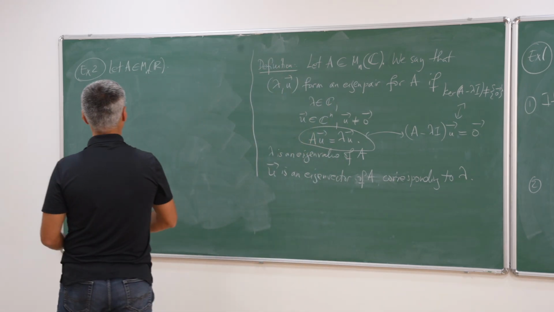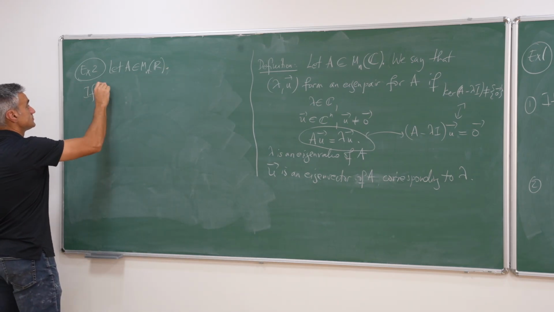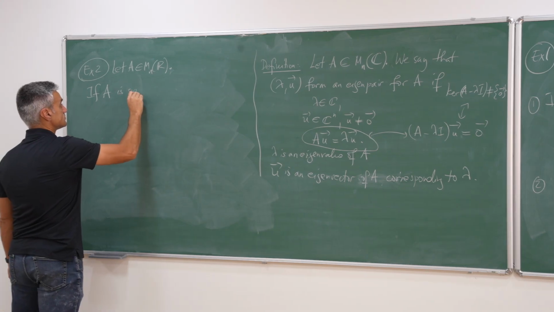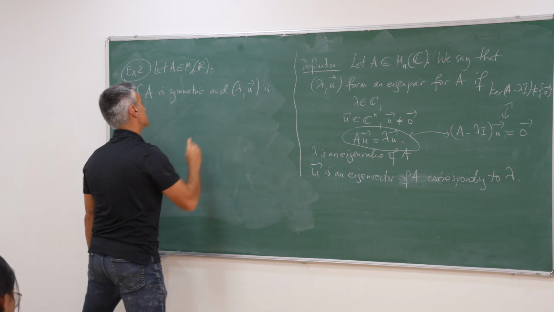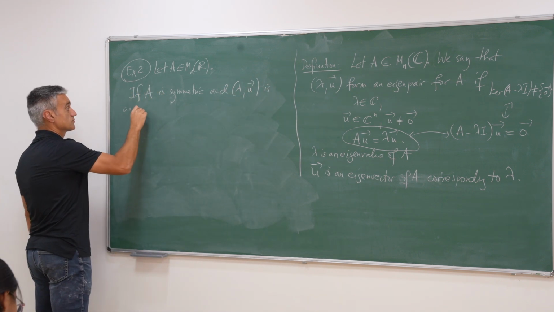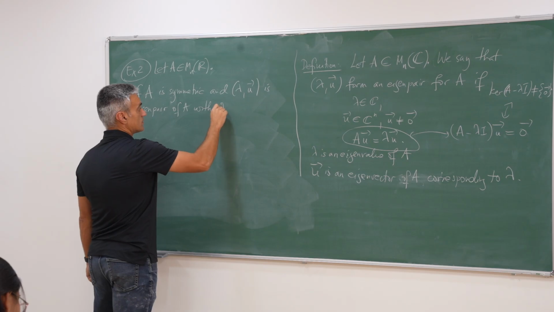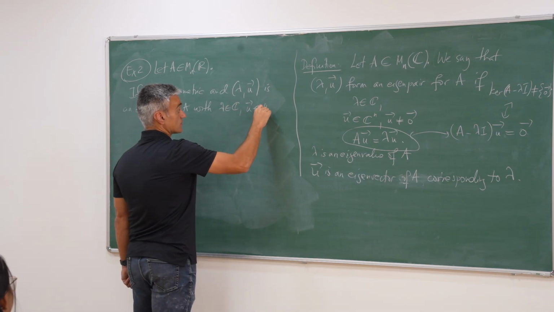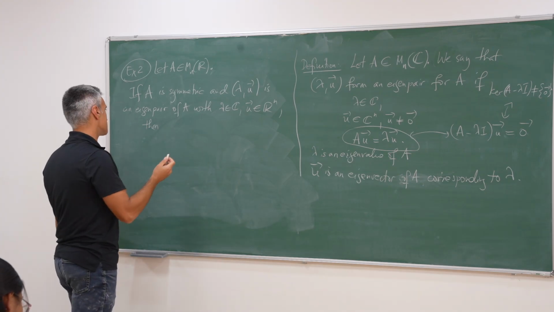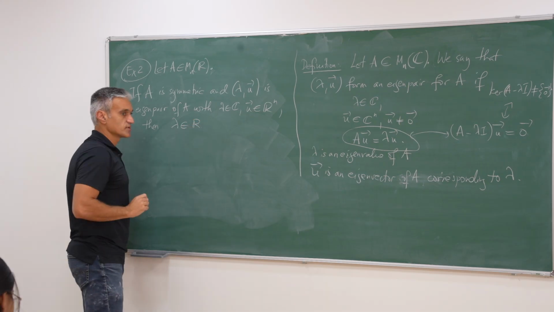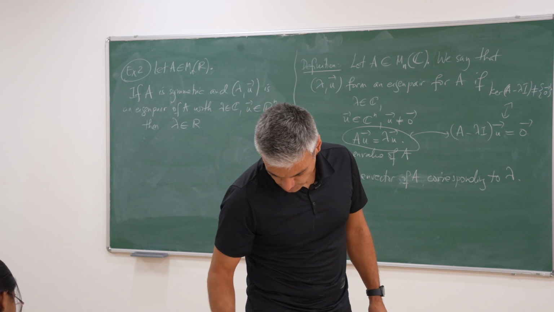So let's do here: if A is symmetric and lambda, u is an eigenpair of A, with, again, lambda complex and u real, see if you can show, is it true that lambda is real?